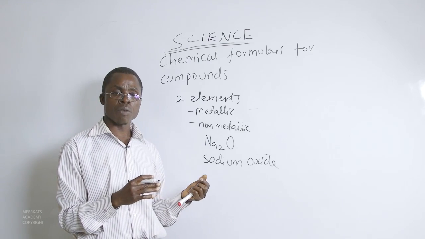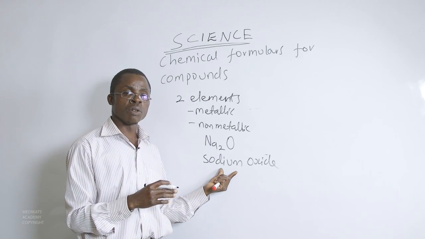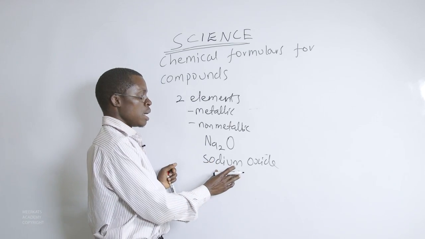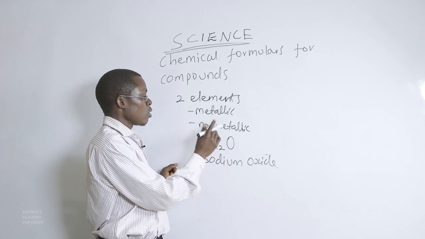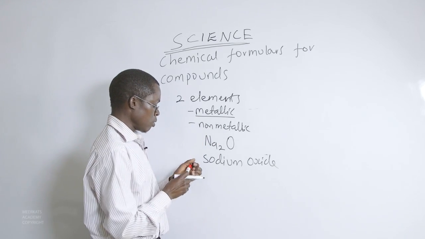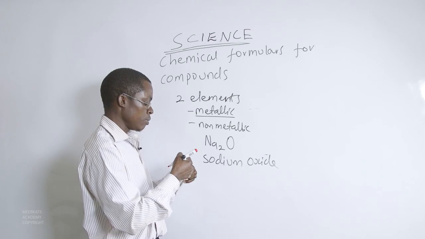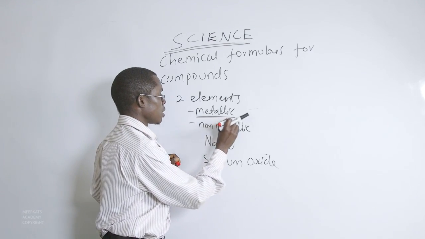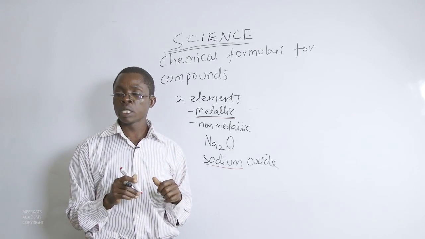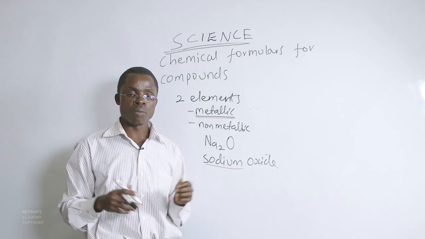There are rules that were followed for us to achieve the name. What are the rules? The first element is always the metallic one. The first element, which is the metallic one, is always assigned its full name.